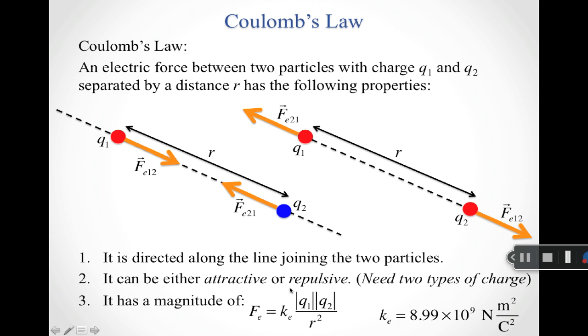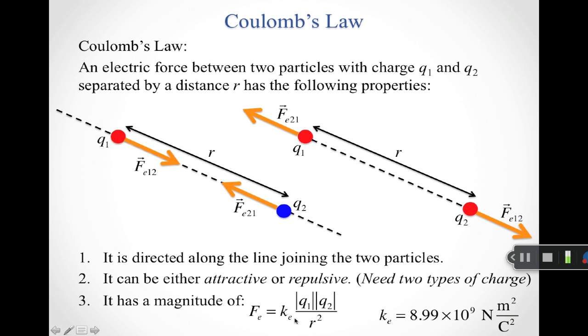And then 3, Coulomb's law tells us that the force these 2 charges exert on each other has a magnitude given by the following expression. The magnitude of the electric force is equal to a constant called Coulomb's constant. It's usually denoted by k sub e, or sometimes just k.